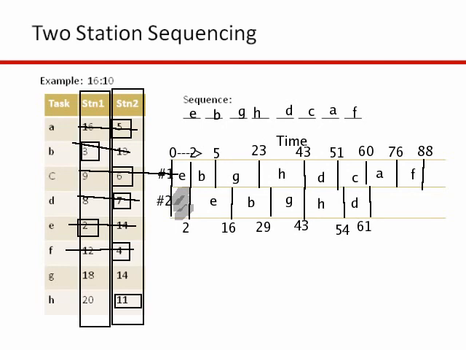Now C will be done at time 60, so we can do it at time 61 on machine 2. So C is going to take us 6, and so we will be done with C at time 67.